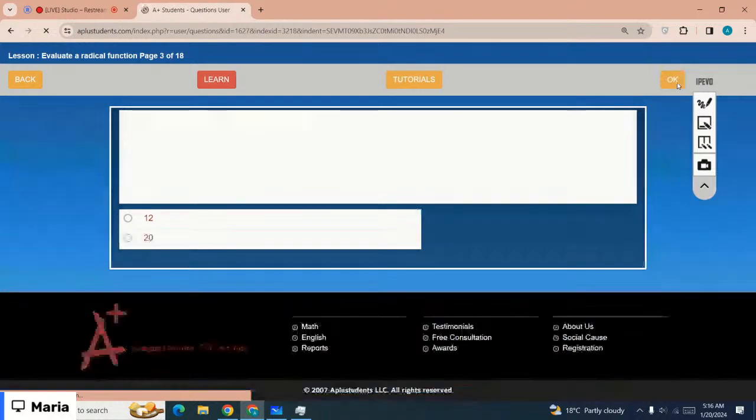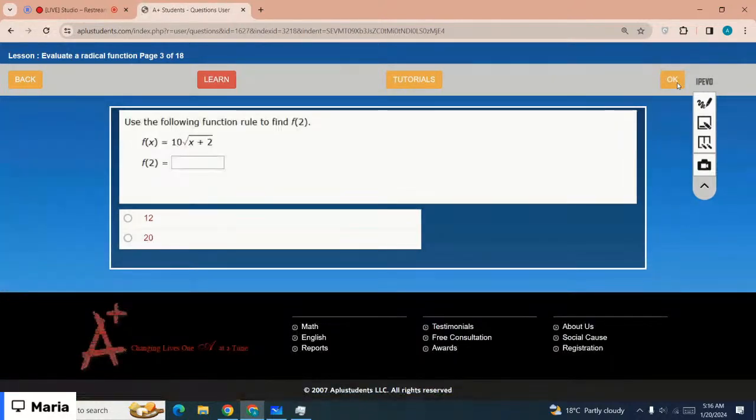Okay, now you have to evaluate the question in your notebook and just write down the answer in the chat box. So, which is the correct option?